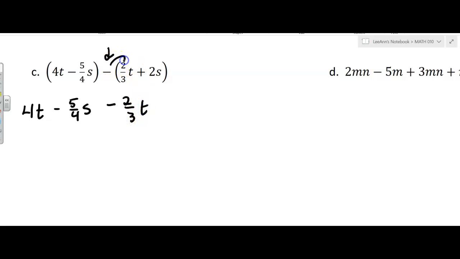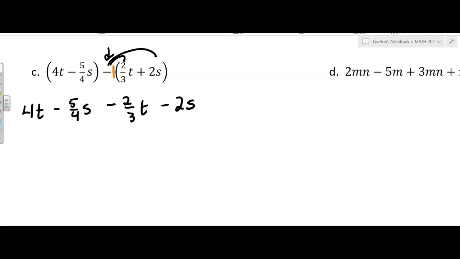And then it's going to be minus 2t, or 2s, sorry. 2s. Okay, so first you've got to make sure you do the distributing right. You can't just take the parentheses off. You have to look and make sure that everything's the way it's supposed to be. Sometimes students like to think of it as a minus 1 that's distributing.